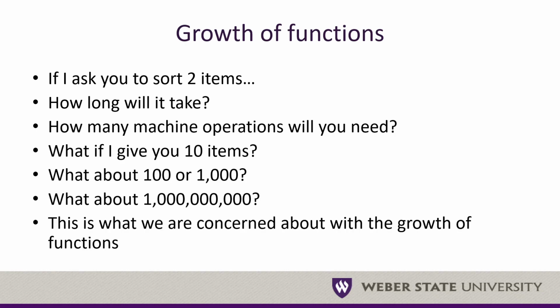The reason we're concerned is that for comparison sort, the best performance is n log n. I can't do better than n, 1 million items, times the log of n.